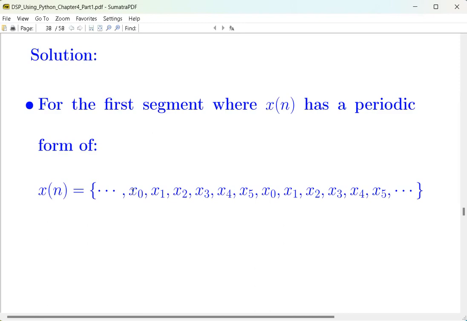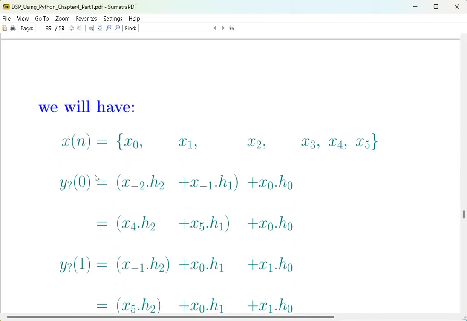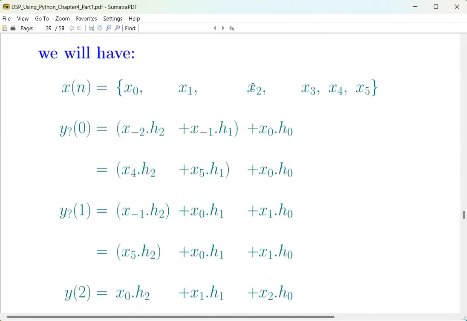Compare this chunk with the previous one. We will have x0, x1, x2, x3, x4, x5. Now, y of 0, of course, it's wrong. It will be x minus 2 h2 plus x minus 1 times h1, because it's wrong, plus x0 h0.